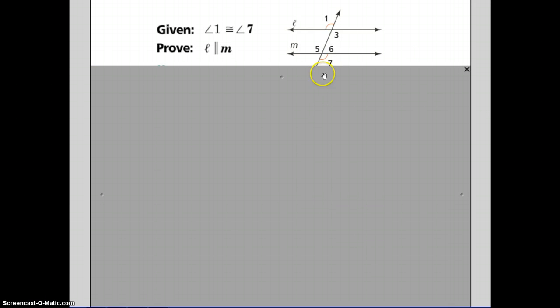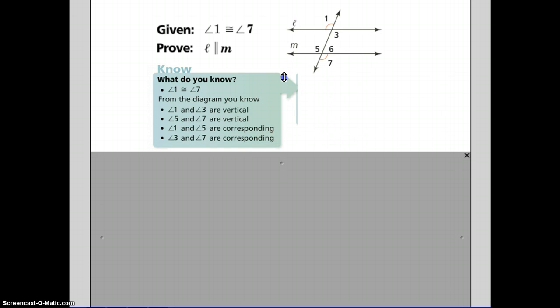Alright, we're given that angle 1 is congruent to angle 7, and we want to prove that line L is parallel to line M. So, let's break down what we know. We know angle 1 is congruent to angle 7, right? We also know that we have some vertical angles that are congruent in here. So that's angle 1 and angle 3 we know are congruent because they are vertical.